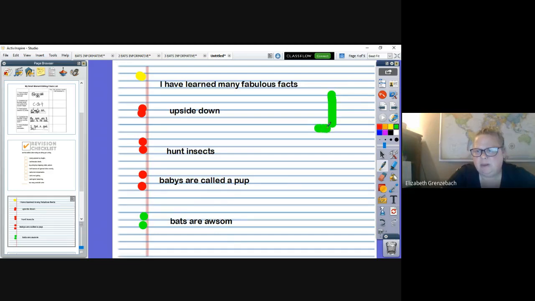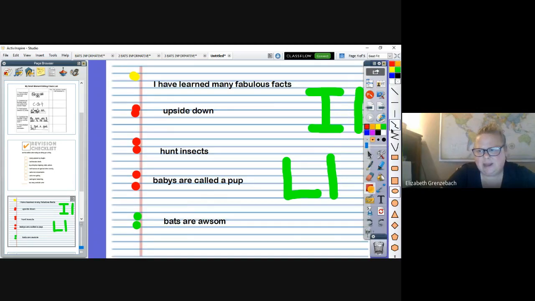Well, it's pretty big. Or like this. I. But lowercase L still looks like this. So it's one of the confusing things that you're just going to have to remember.